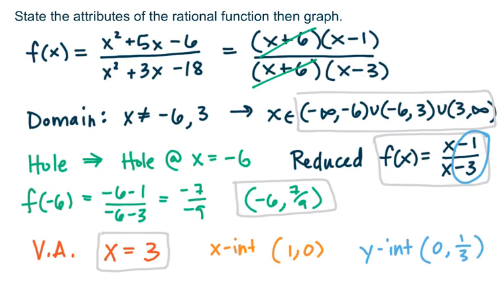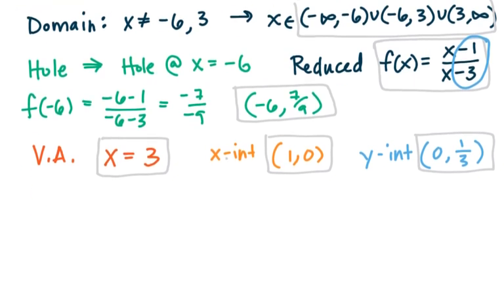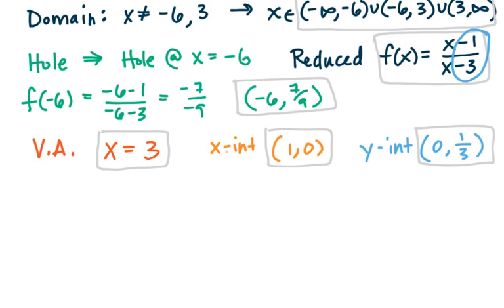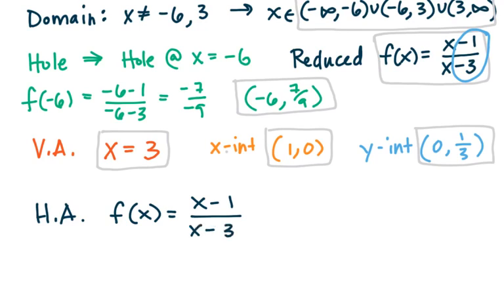So we have one more attribute to list, or to make sure that we can identify, and that's going to be my horizontal asymptote. So continuing with this problem and considering our reduced function in order to find my horizontal asymptote, we have the function f of x equals x minus 1 over x minus 3.